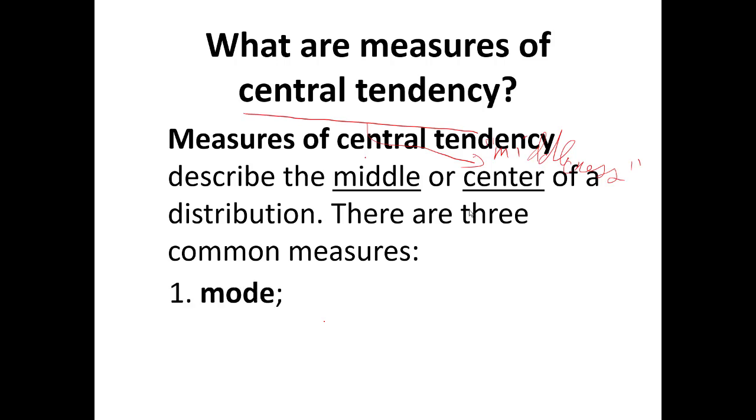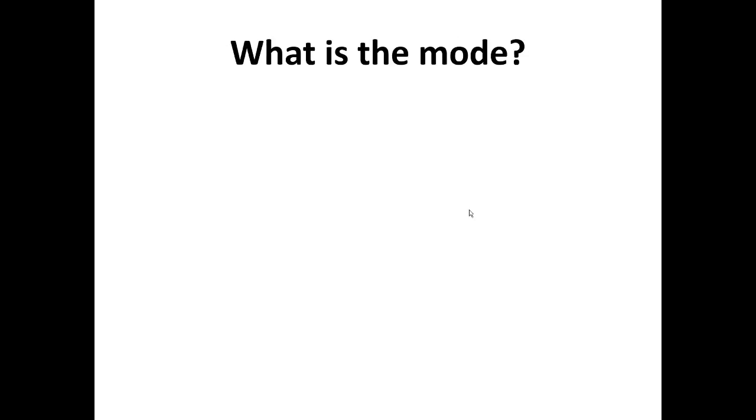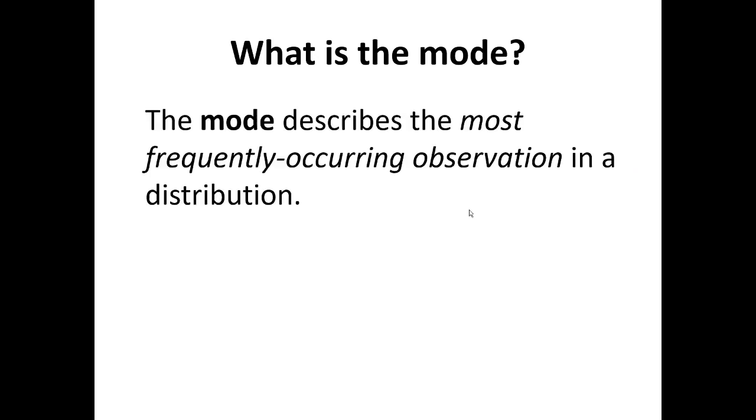So there's the mode, there's the median, and there's the mean. And so the mode is the one that occurs most frequently, which we'll see here on this slide. So what is the mode? The mode describes the most frequently occurring observation in a distribution.